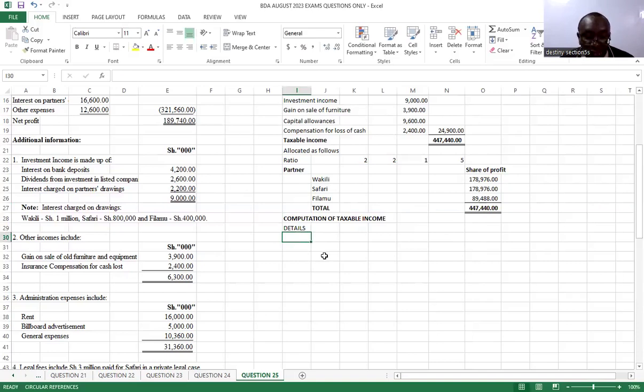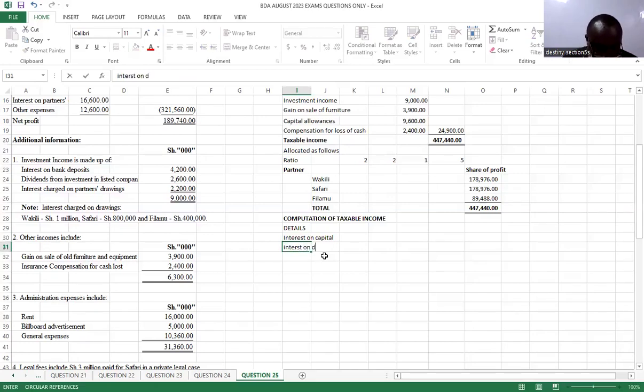The items that we shall have, one is interest on capital. Now, interest on capital will be followed by interest on drawings.